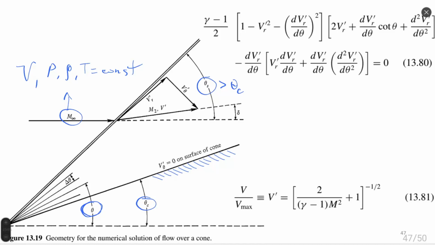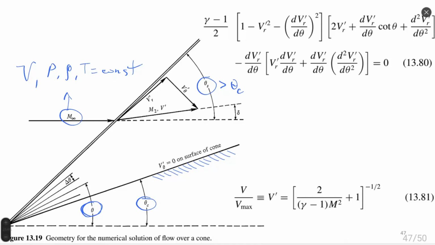Equation 81 is a function of Mach number, since flow after the shock wave is isentropic. We can use all isentropic relations, which we studied, I think, in chapter 8 and used in chapters 9 and 10 to obtain some flow properties inside isentropic regions.